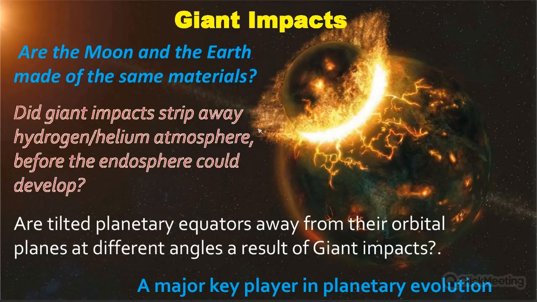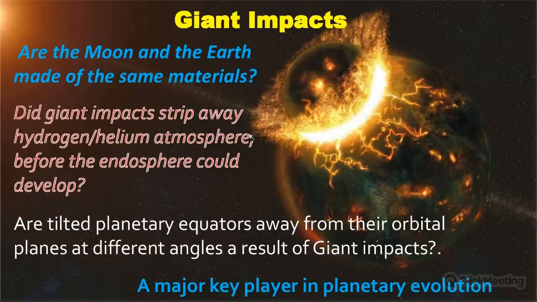So this kind of chaotic situation was very much present in the initial time, and there are several questions which I have listed here. Are the Moon and Earth made of the same materials? Probably yes, probably not. We have to understand that part.